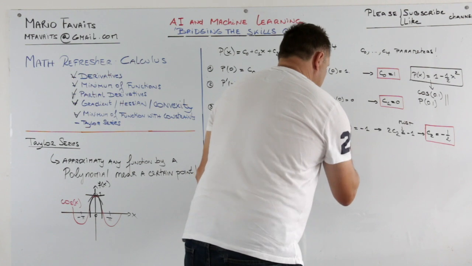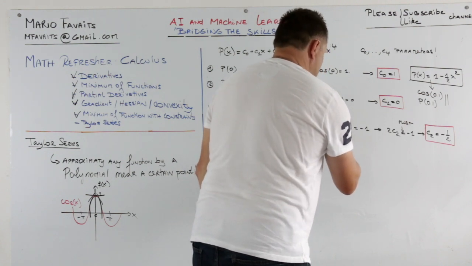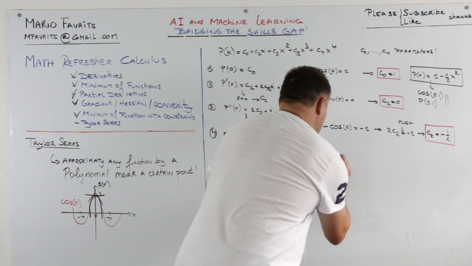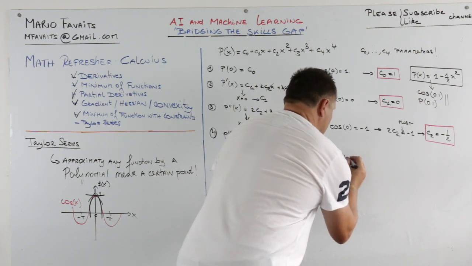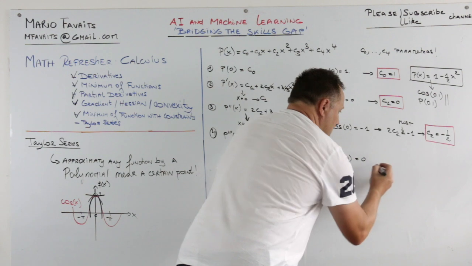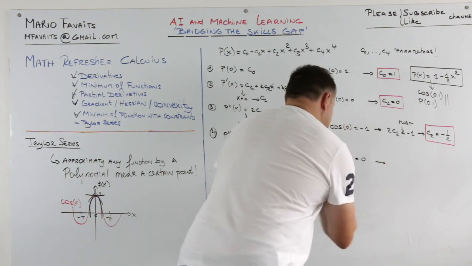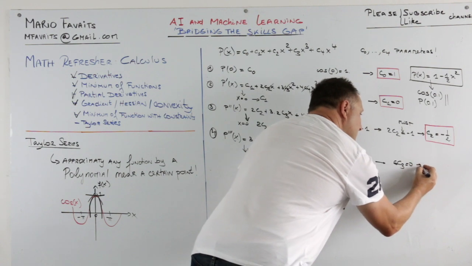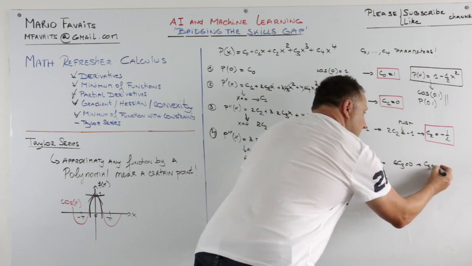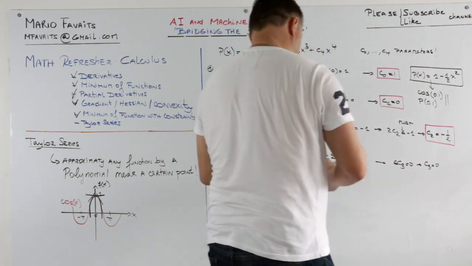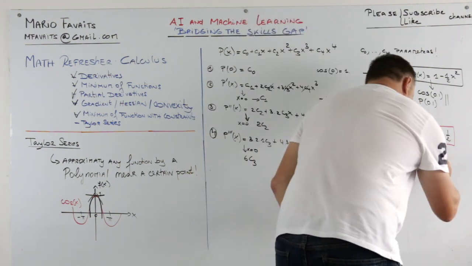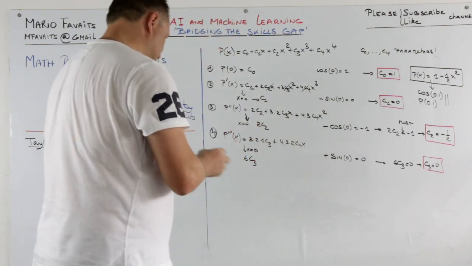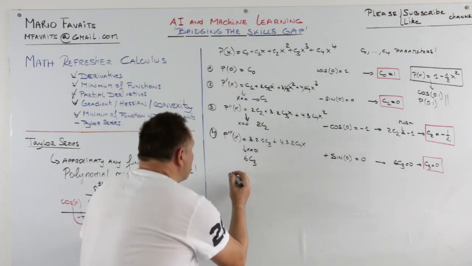So if I derive the cosine, it is minus sine, so this is plus sine at 0, and that's 0. So that means 6C3 is 0, which means C3 equals 0.